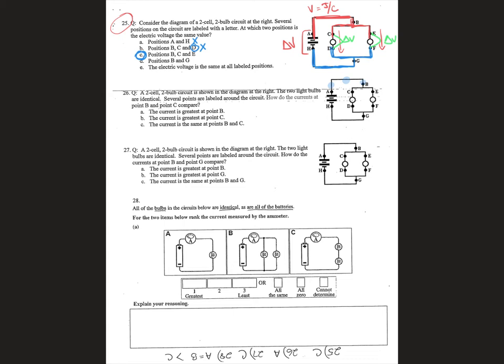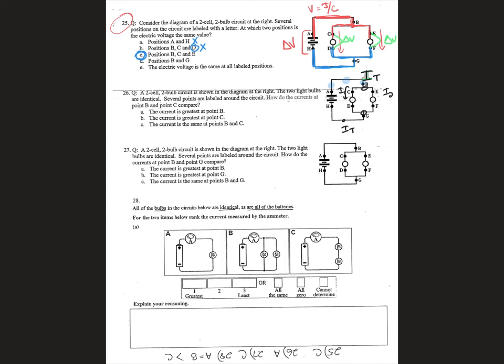Why don't we label that with I total. Let's go to a pen. I total. There we go. And then we have I1 and I2. And then it comes back together at this node, and it goes back to I total, the original total current. So the question is, how do the currents at B and C compare?